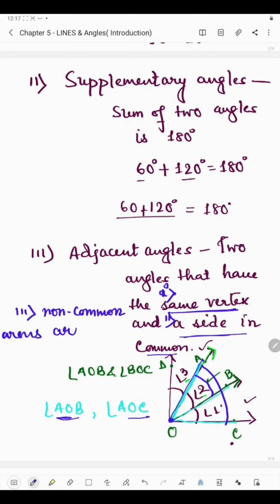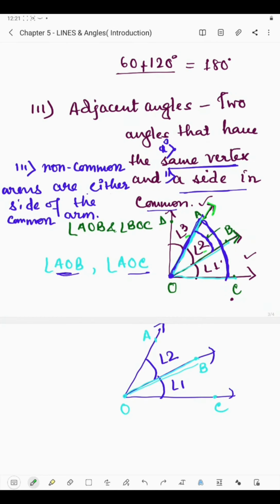Non-common arms are either side of the common arm, means the sides which are present on both sides of the common arm. So this is the non-common arm. So these should be present on either side of the common arm. This is present on both sides of the common arm. This is the common arm.